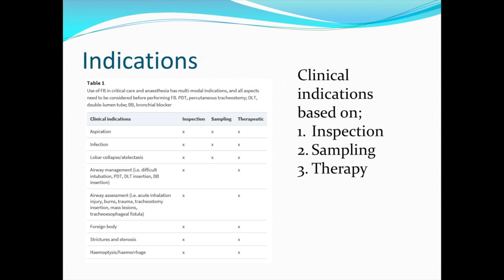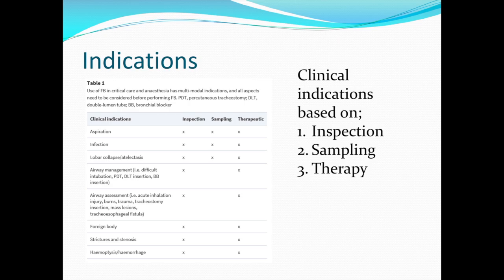In many units, bronchoscopy can be used in order to collect microbiological samples for testing in terms of infection. Almost 20% of patients on the critical care unit who are on a ventilator will develop a ventilator-associated pneumonia, shortened to VAP.